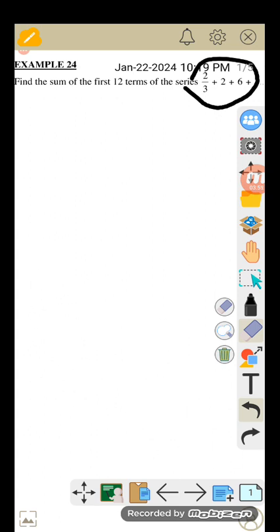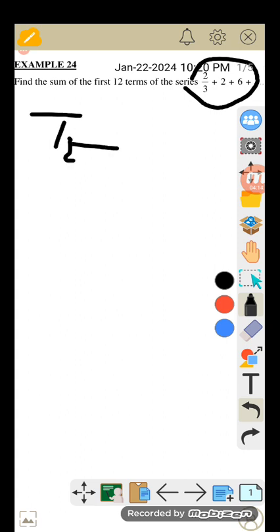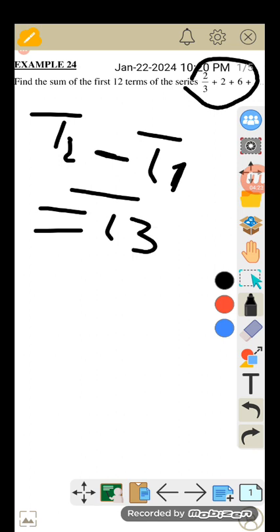We are going to check whether it is an arithmetic sequence. We are going to say T2 minus T1 is equal to T3 minus T2. Just like that, guys.